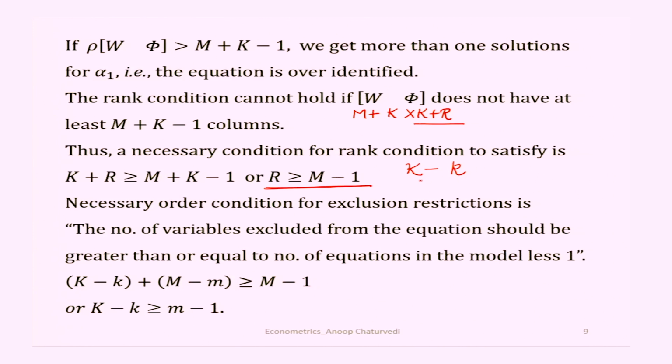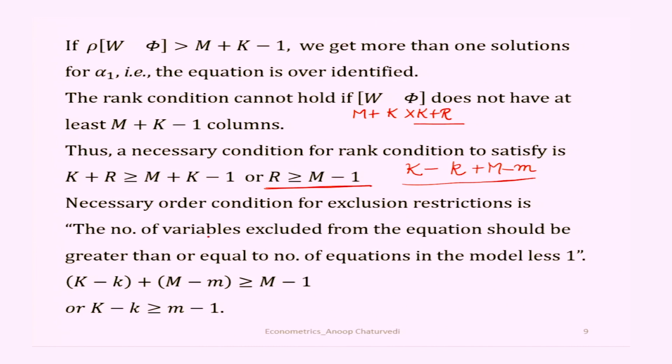So, you have capital K minus small k restrictions corresponding to the exogenous or predetermined variables, and then out of capital M endogenous variables, you have included just small m endogenous variables in the equation. So, corresponding to the endogenous variables, you have capital M minus small m restrictions, means you have set capital M minus small m coefficients equal to 0. So, the total number of restrictions is capital K minus small k plus capital M minus small m.